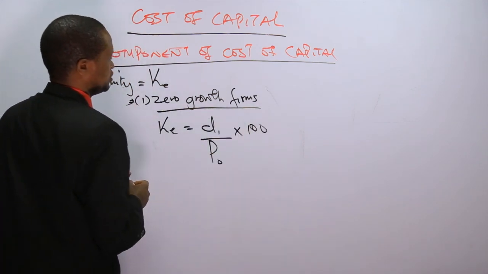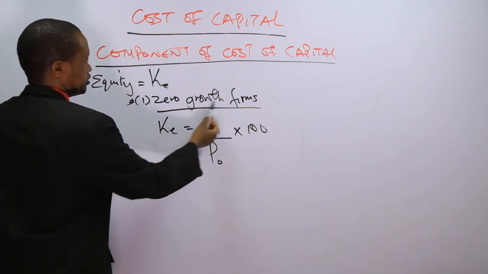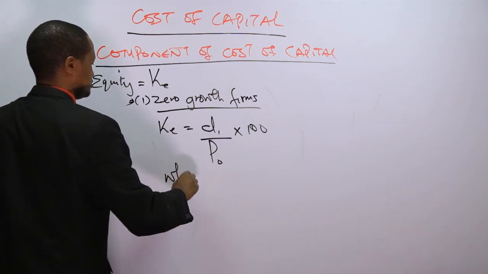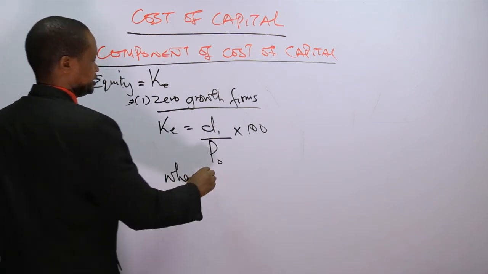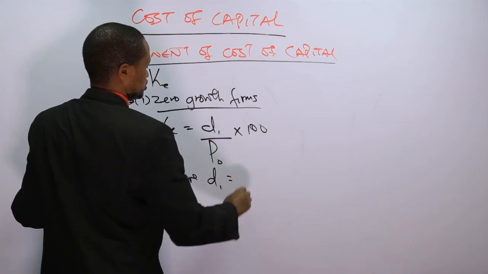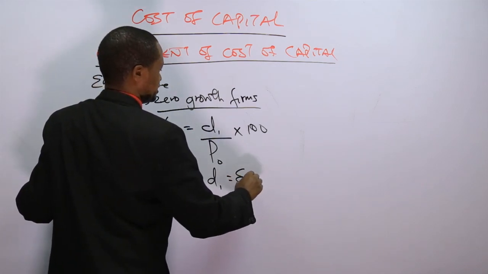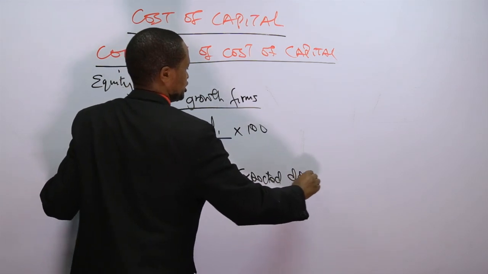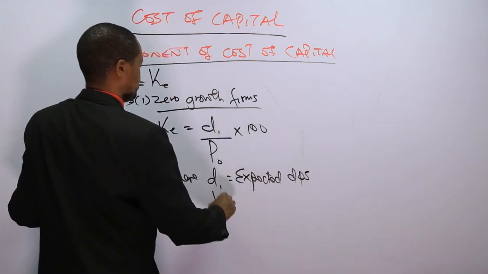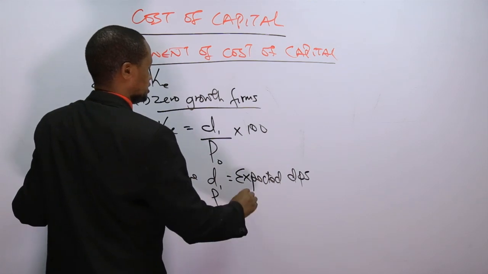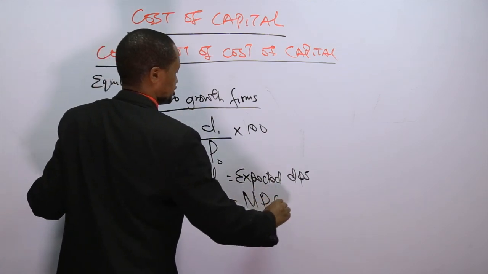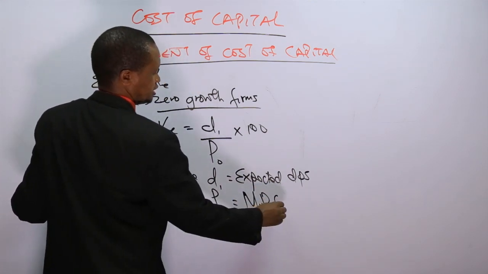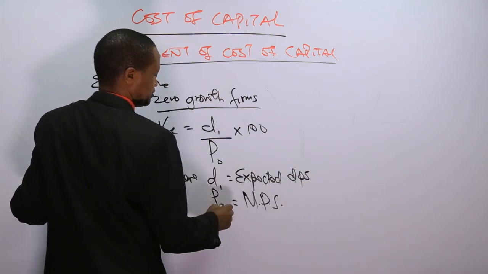That is the formula for a zero growth firm, where D1 is the expected dividend per share, and P0 is the market price per share, the prevailing market price per share.